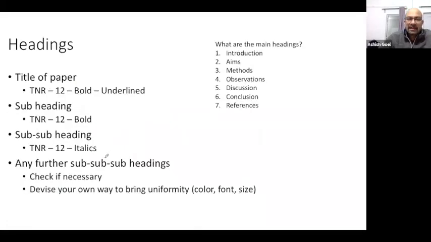Then it's a good habit and a good exercise to develop an outline of your paper in your mind or on a piece of paper before you start writing, so that when you have a clear outline, you know which are your main headings and which are your subheadings.